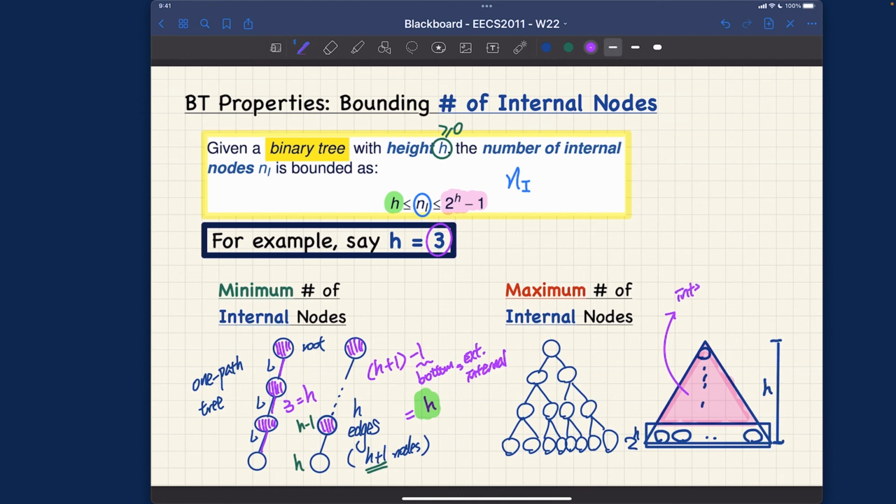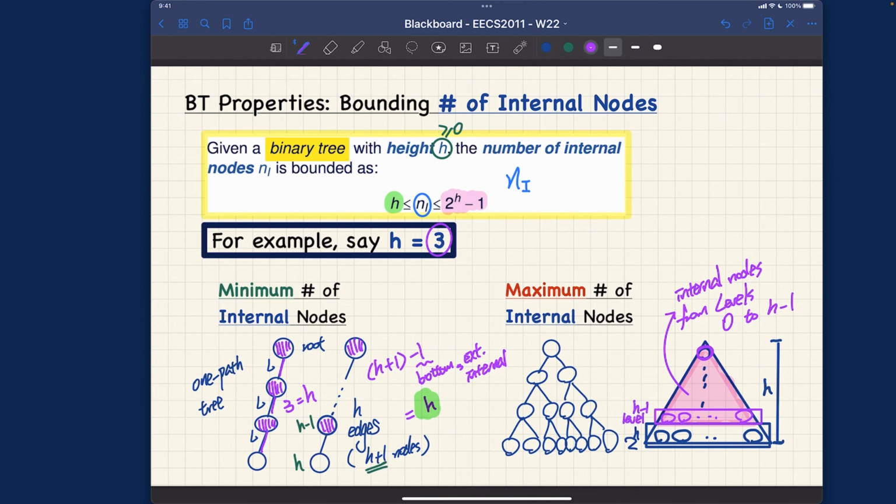Internal nodes from levels 0, which will be the root, down to the level over here, right? Except for the bottom one, because bottom ones are the external nodes, which we don't count in this case. 0 to h minus 1, right? You can think about this level over here immediately above the last level. That will be the h minus 1 level. How many are there?